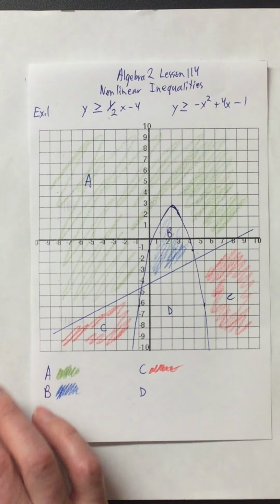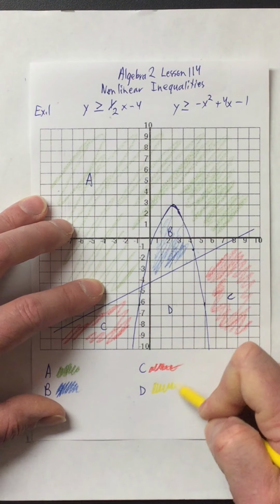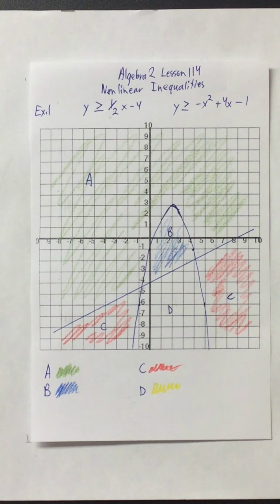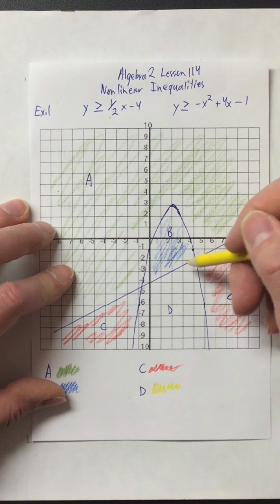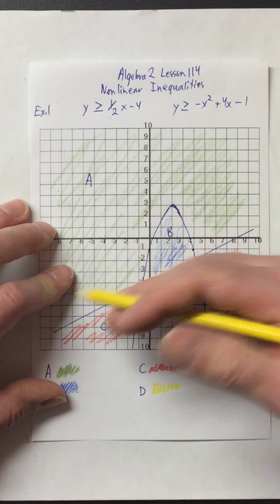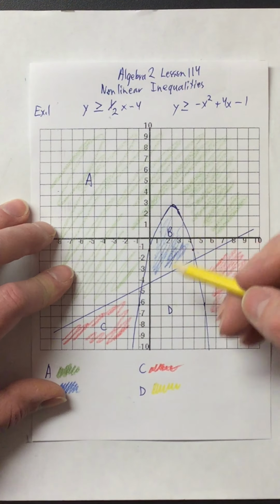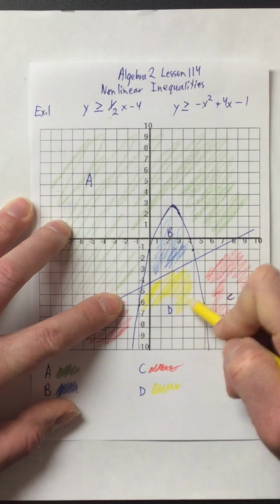And then for D, I'll use a yellow color. D you can see is inside the parabola, or below it, because it's inside and the parabola opens downward, but also below the linear line.